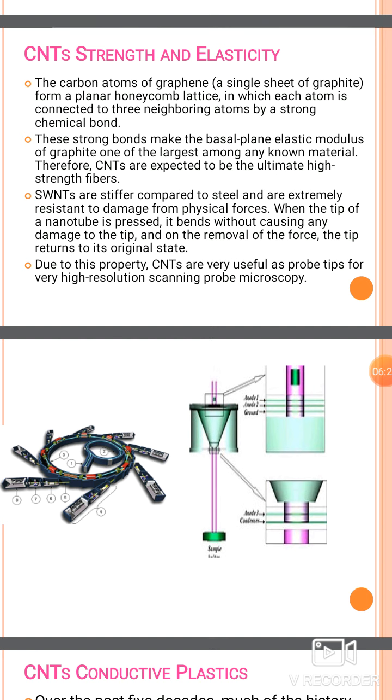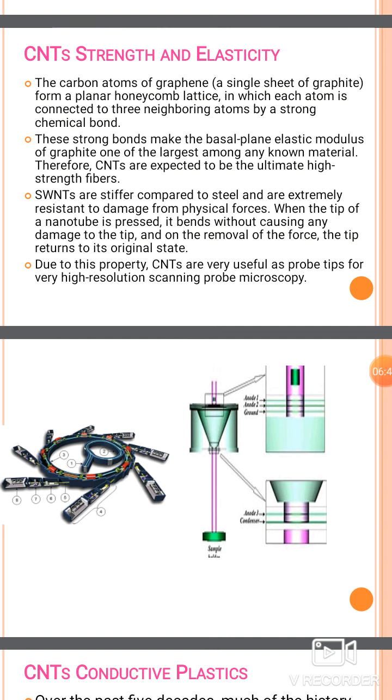Single wall nanotubes are stiffer compared to steel and are extremely resistant to damage from physical forces. When the tip of the nanotube is pressed, it bends without causing any damage to the tip, and on removal of the force, the tip returns to its original state. So that much elasticity is here.